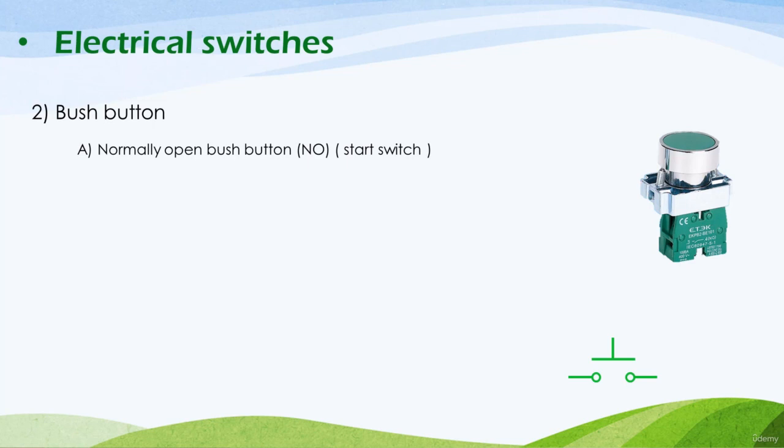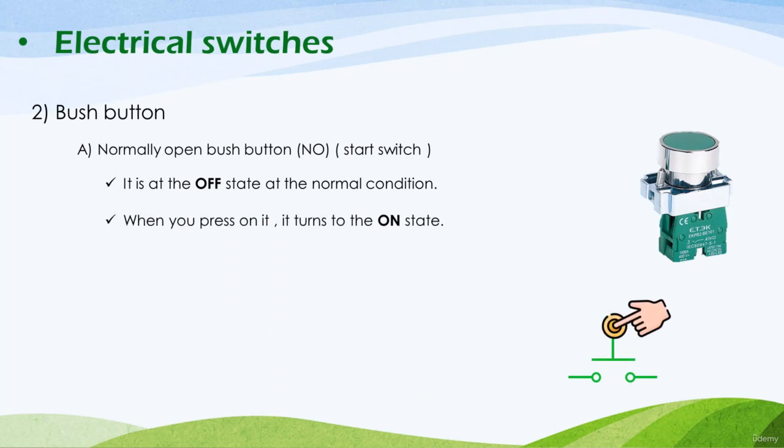And the idea behind this push button is that it's off at the normal state, so its contacts are not connected to each other at the normal condition. But when you press on it, it turns to the on state. So it transfers from the off state to the on state once you press on it.